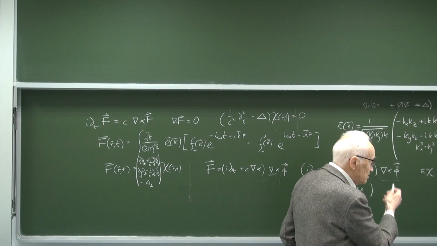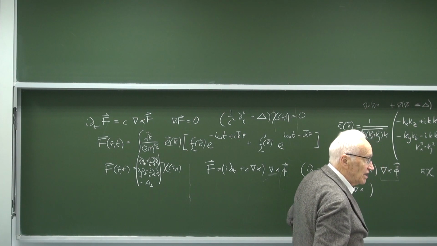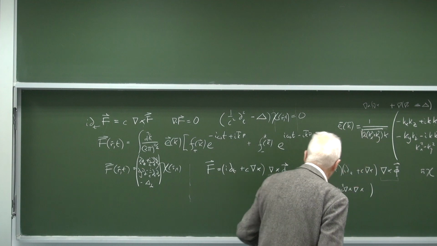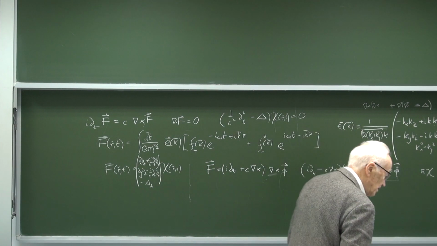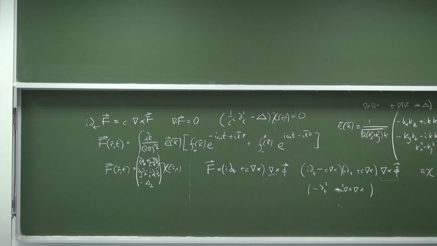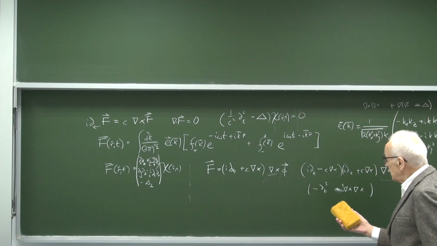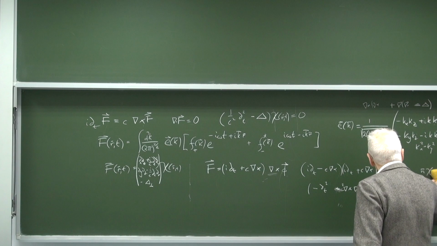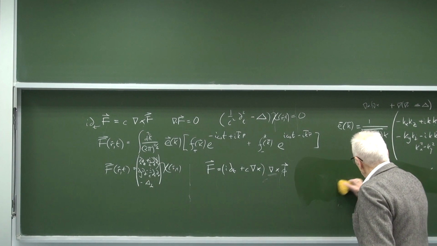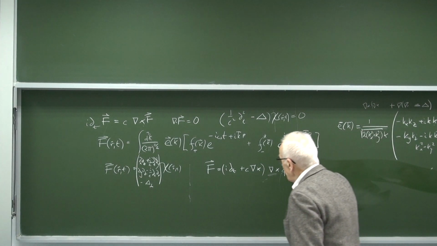And if you choose this vector in the z direction, that's a simple exercise. You reproduce exactly the construction that I outlined before. So I also explained how to generalize this formula quite easily just by introducing an arbitrary vector solution of the wave equation.